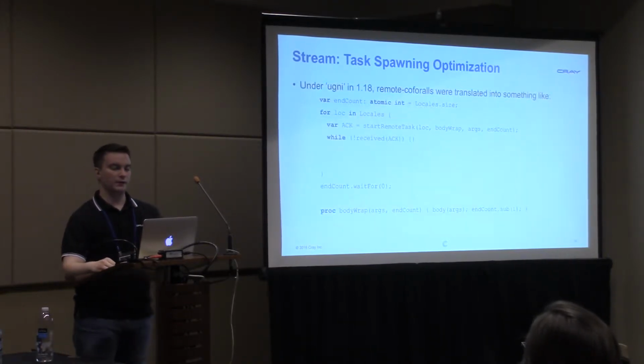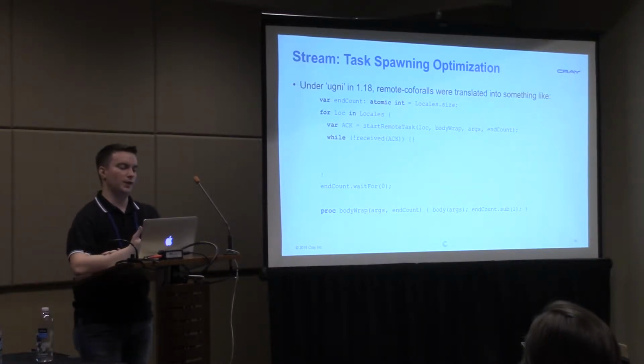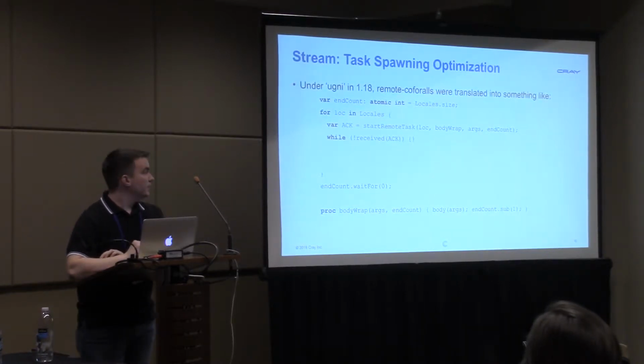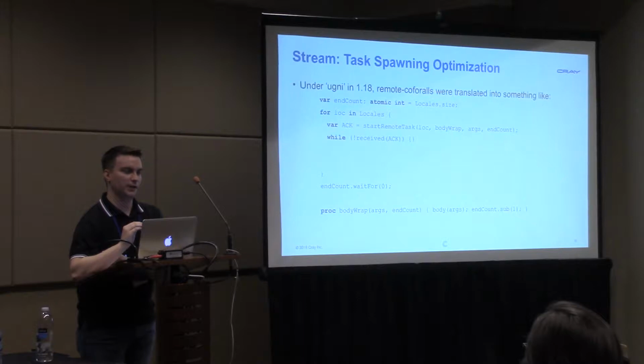And if we look under the covers at how this was implemented before 1.18, we translated this into something that effectively sets up an atomic to count how many tasks are still running. And then serially, we have this for loc in Locales. We're going to initiate our remote task, and we're going to get an ACK, or acknowledgement, back. And then we would wait for this ACK back. And then at the end, after all the tasks have been spawned, the initiating task is just going to wait for them.